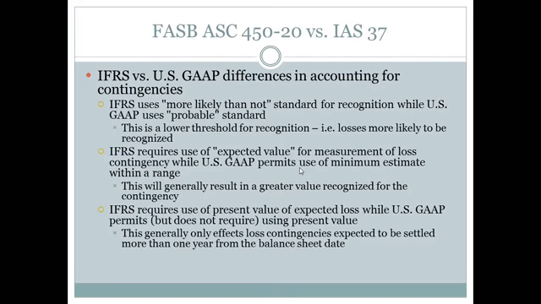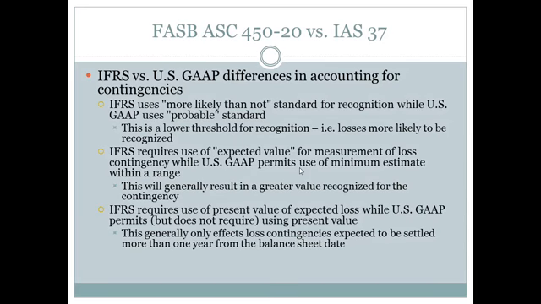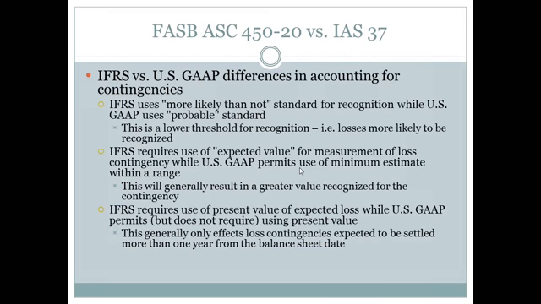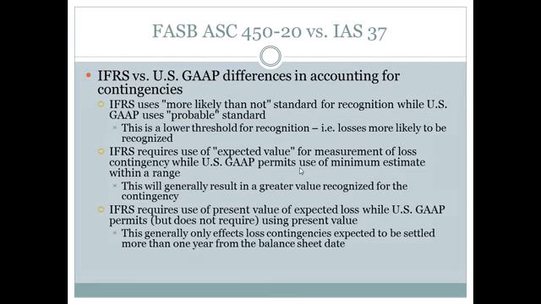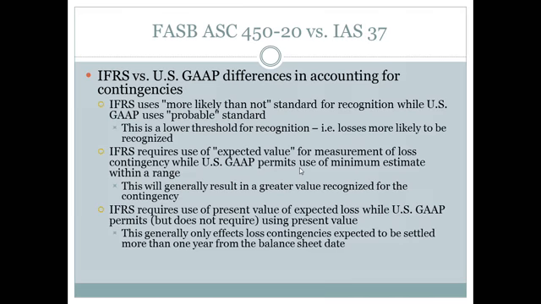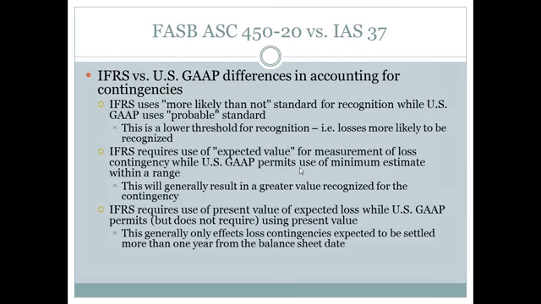As you can imagine, management of companies would prefer the US GAAP standards as compared to the IFRS standards. Management of firms don't want to have to recognize or disclose losses and contingencies and liabilities. That has a negative effect on the income statement. Recording a loss reduces income that's reported. Recording a liability increases the debt-to-asset ratio.